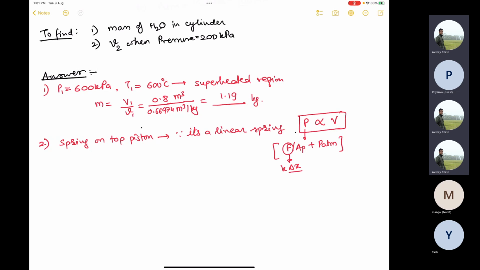And if you write this deflection in terms of, let's say, volume change of the system, you can write it as volume change divided by cross-sectional area of piston. So basically in such systems where your spring is a linear spring, your system pressure is a linear function of the volume of the system. So now you should go to the PV plot.